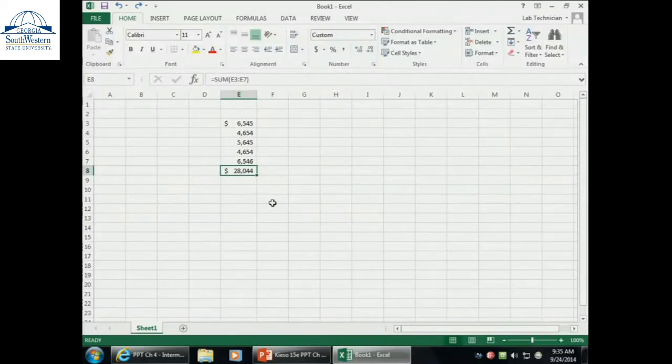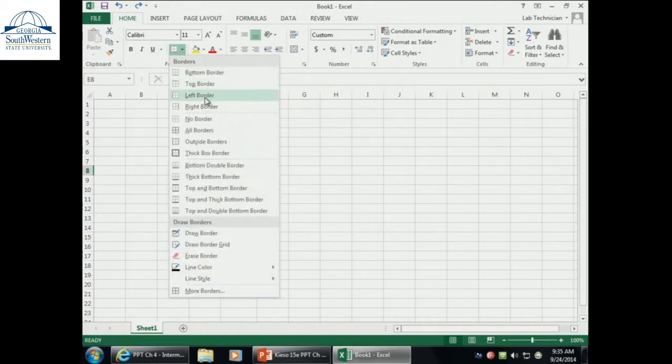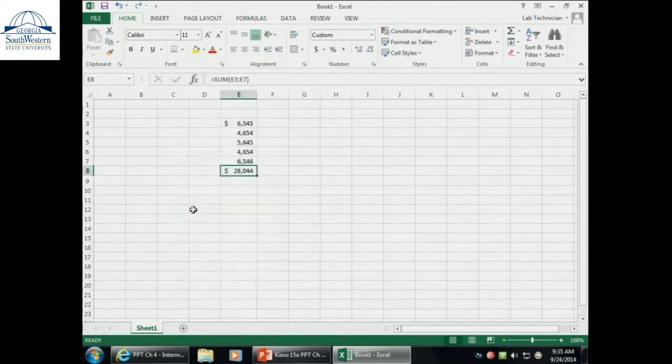Here we want a line above it and 2 lines below it, okay? So that's one of the choices in the box. So we can go down here to this choice, top and bottom border, double bottom border, right? Okay. So that's the one we want, where it has 2 underlines, okay?